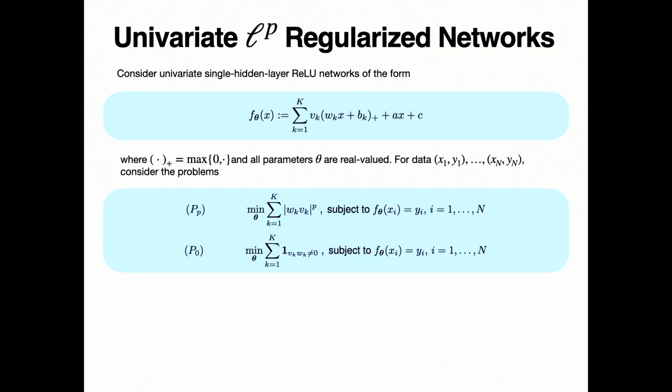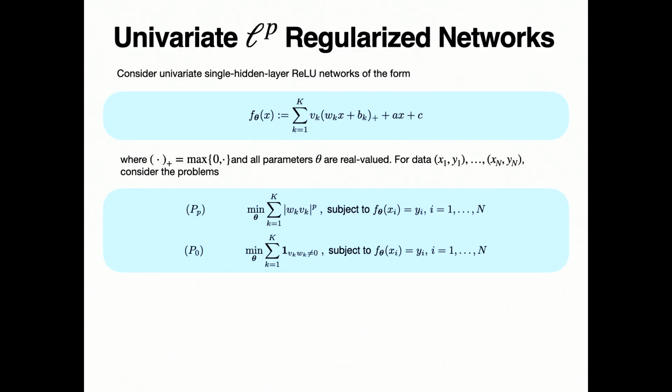We're comparing these two problems. The problem we're looking at, problem P, minimizes what is basically an LP type of path norm on the parameters of the network. It takes the product of the input and output weights for every neuron, takes the absolute value, raises it to the pth power, and then sums it all up. We want to minimize that objective subject to an interpolation constraint.